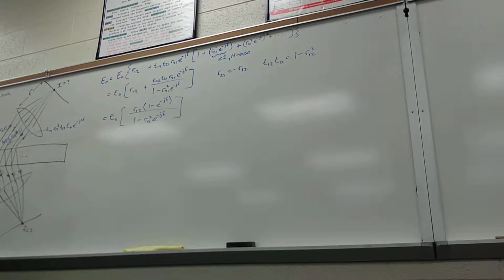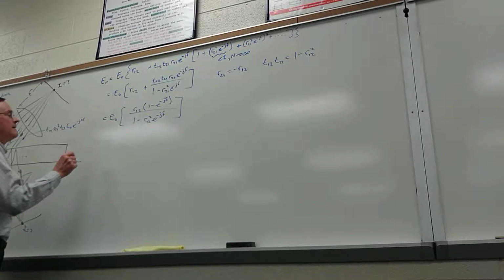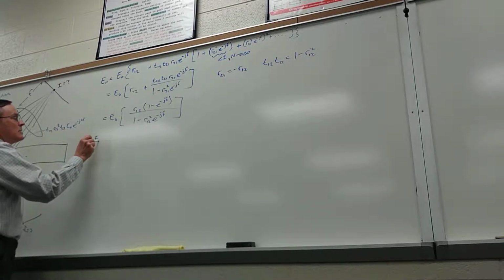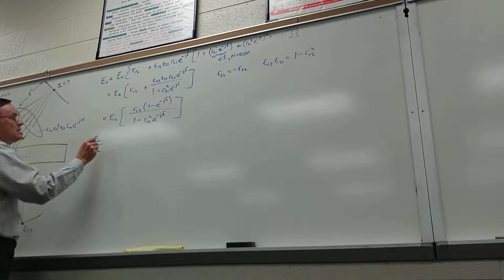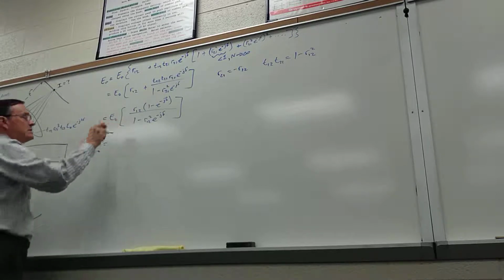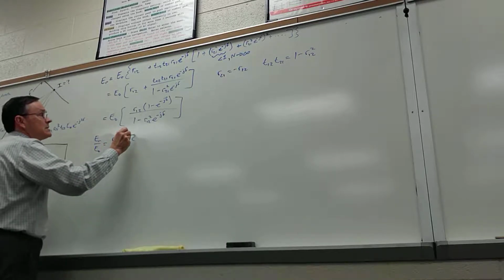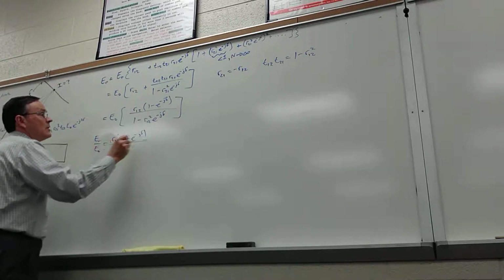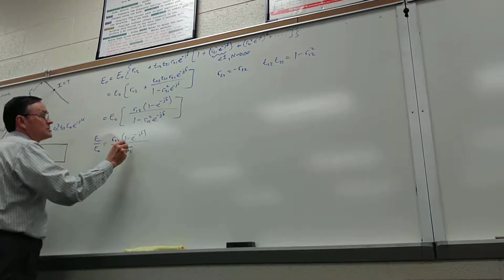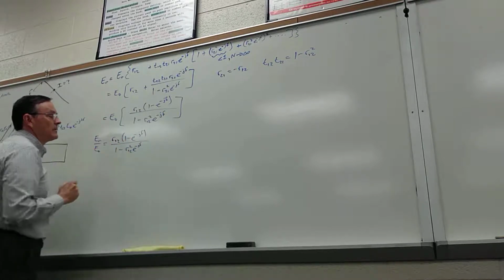So I skipped all the algebra. And notice the ratio of ER to E0 is just this thing, the square bracket, so R12, 1 minus e to the minus j delta over 1 minus R12 squared e to the minus j delta.